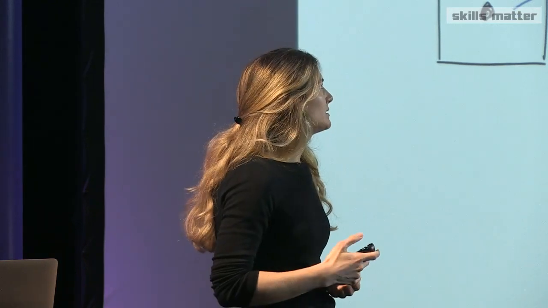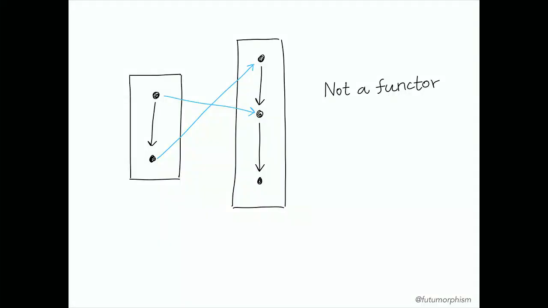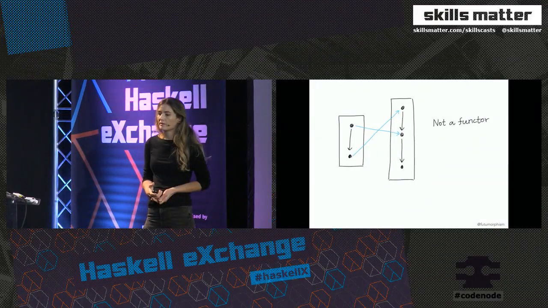This one is not a functor because there is not even a mapping for the morphism on the left. This one is not a functor because it has mapped the morphism in the wrong direction. Well, it turns out this is a contravariant functor, which is the same as a normal functor, also called covariant, from the opposite category to the other category.